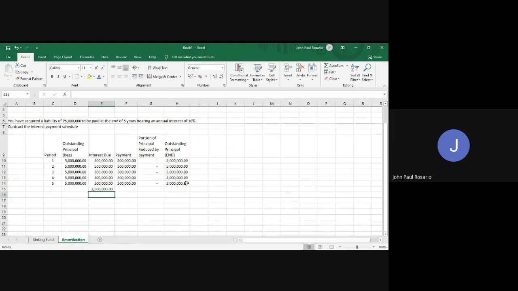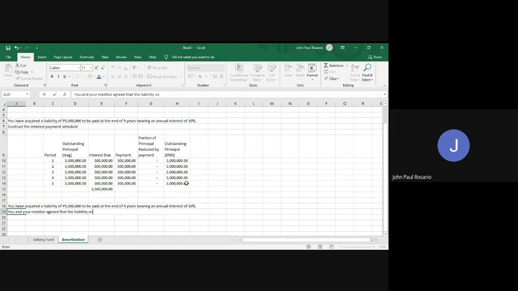Now, what if you decided to pay it, at 10%, you and your creditor agreed that the liability will be paid in 5 equal installments.